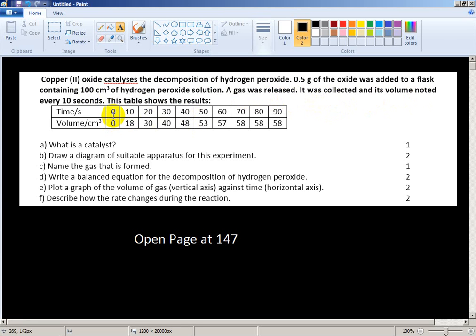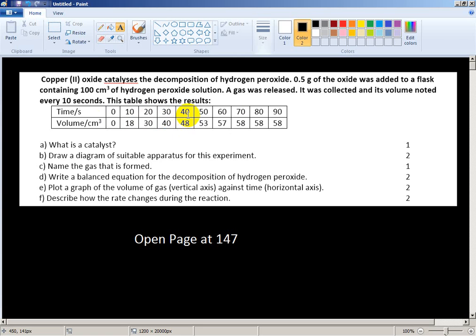At the beginning, time 0, volume 0. After 10 seconds, volume 18. At 20 seconds, volume 30. At 30 seconds, volume 40 cubic centimeter.